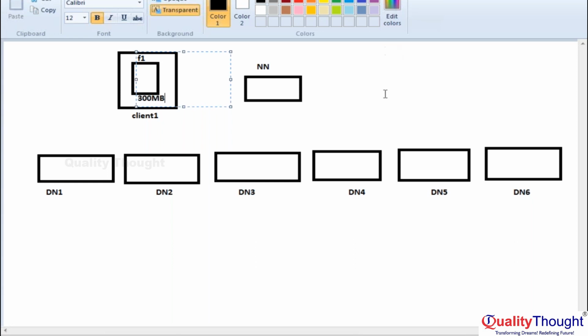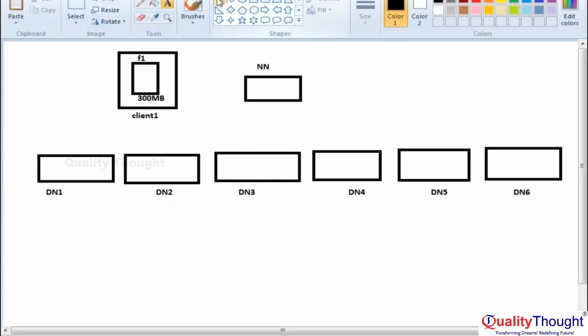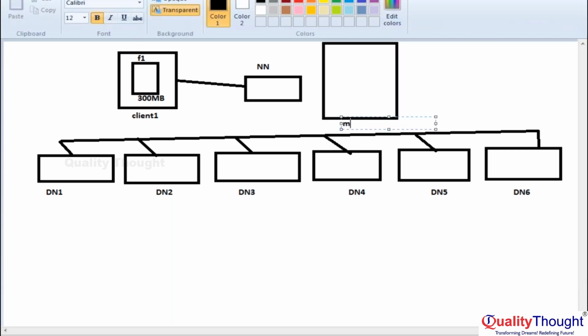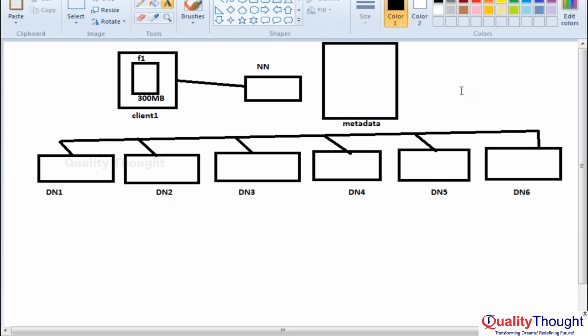So this client wants to store the file into the Hadoop cluster. First the client sends a request to the name node. So the name node prepares metadata.